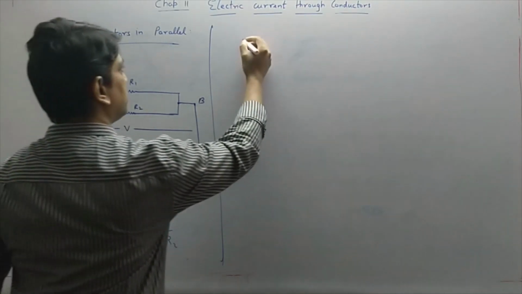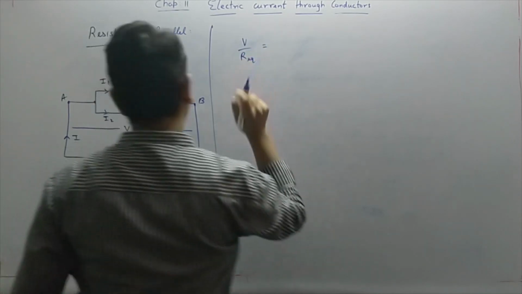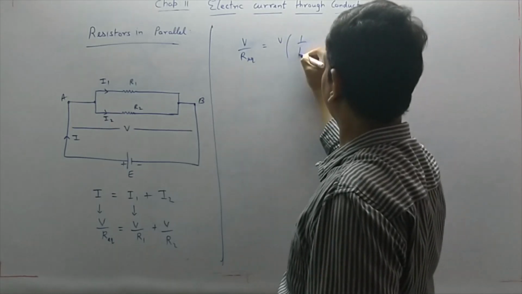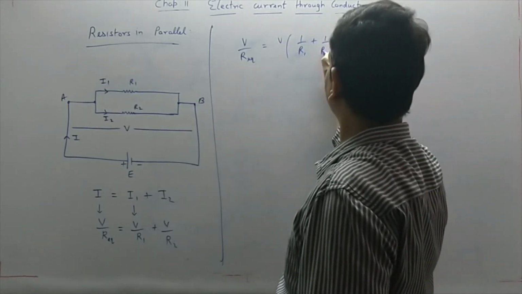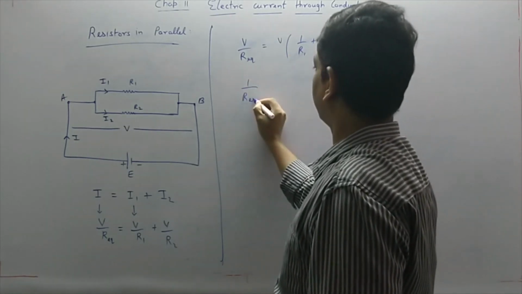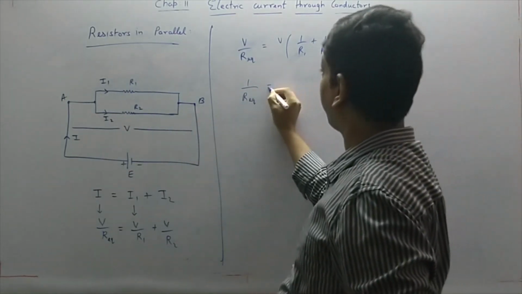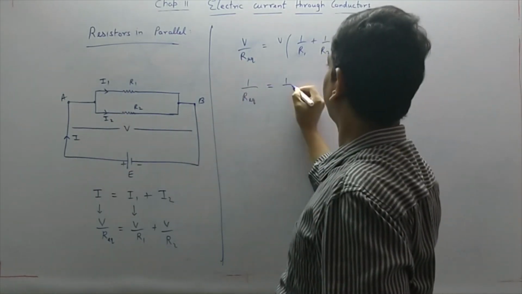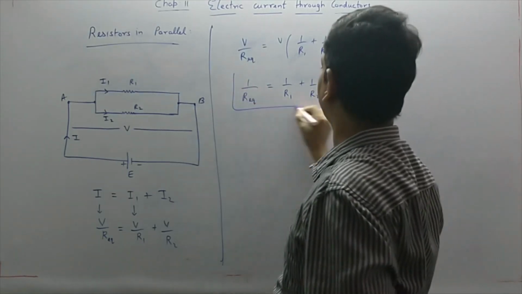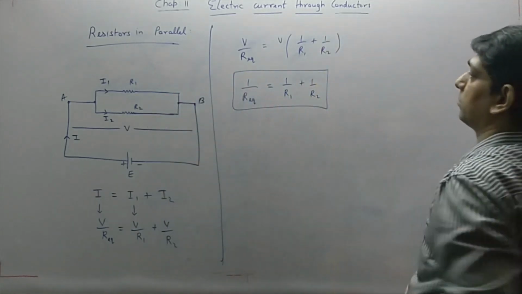Here V is common, so V upon R equivalent equals V times 1 upon R1 plus 1 upon R2. Finally V and V get cancelled, and the equivalent resistance in parallel is given by 1 upon R equivalent equals 1 upon R1 plus 1 upon R2. This is the formula for equivalent resistance.